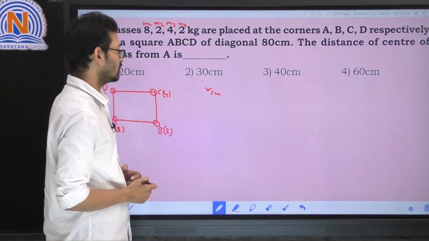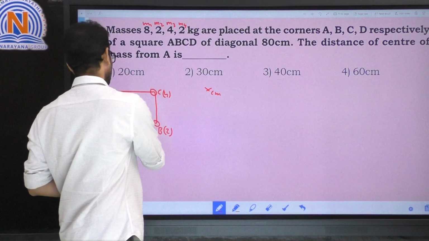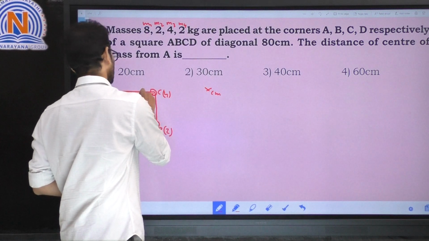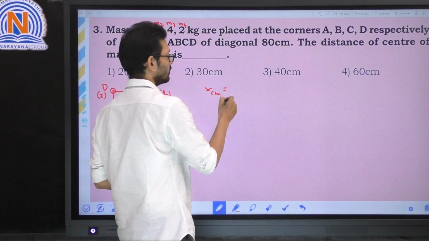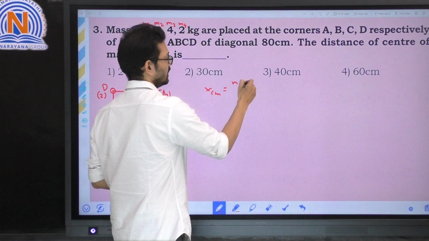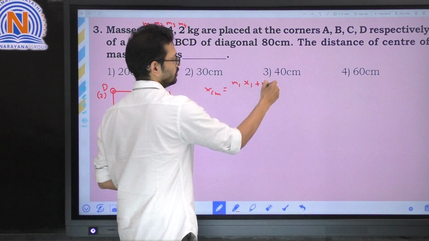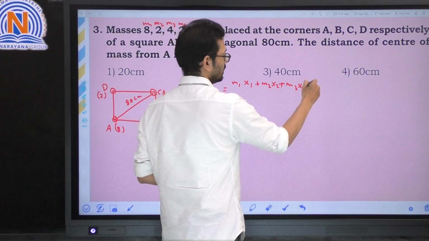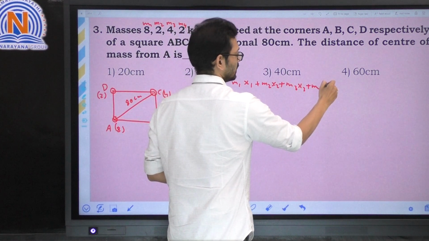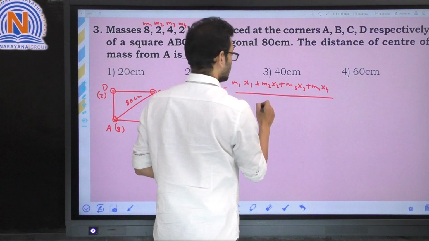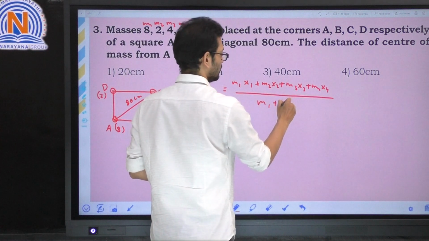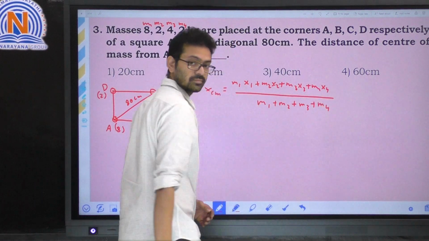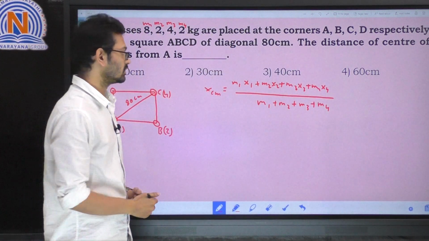When we try to find the x center of mass, we get x center of mass is m1 x1 plus m2 x2 plus m3 x3 plus m4 x4 by m1 plus m2 plus m3 plus m4. Right, this is the formula.